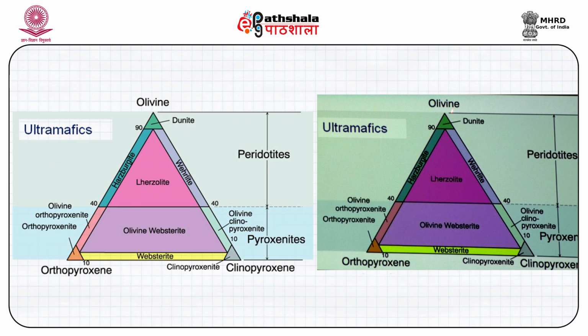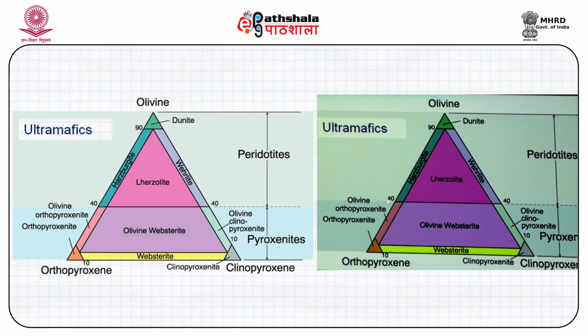The rock which has more than 90% olivine is known as dunite. If it has more than 90% orthopyroxene, it is called orthopyroxenite. If it is more than 90% clinopyroxene, it is called clinopyroxenite.